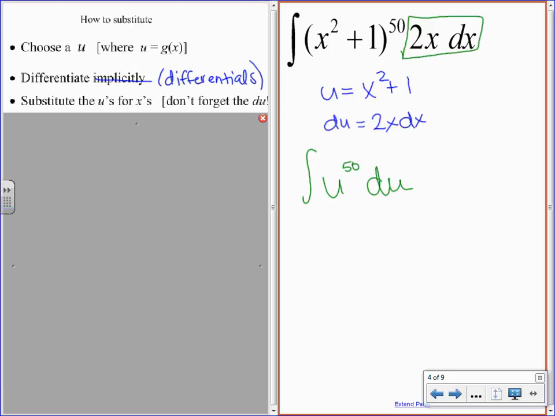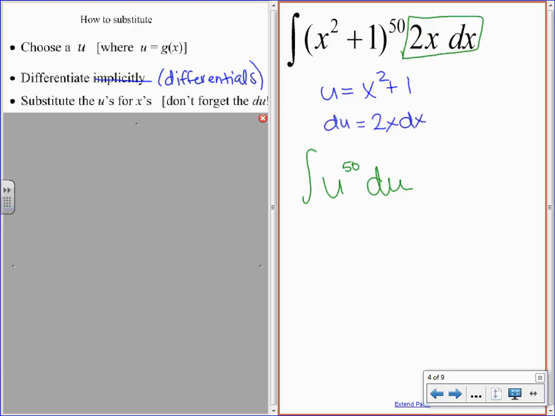Wait, so aren't you substituting the x's for u's then, not the u's for x's? Yeah, I'm confused. It's asking you to substitute a u for an x, but you just substituted the x for u.